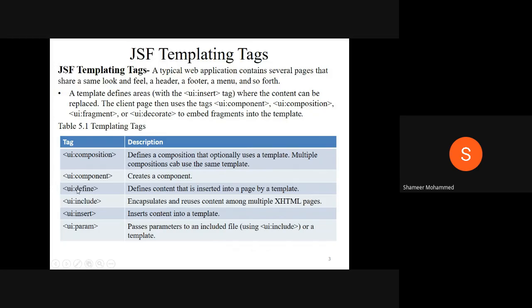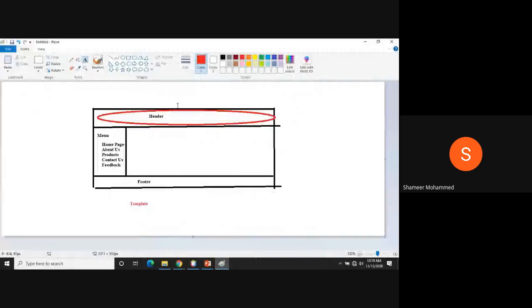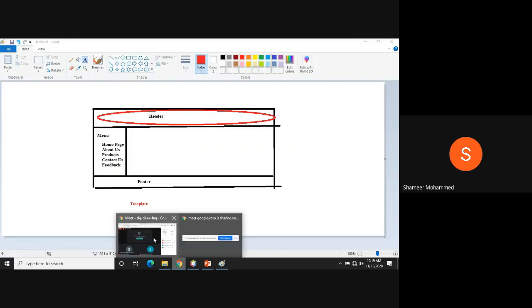Then to define a page, you can use this ui:define. So it defines content that is inserted into a page by a template. So here you have the header, what you are seeing in our college website.